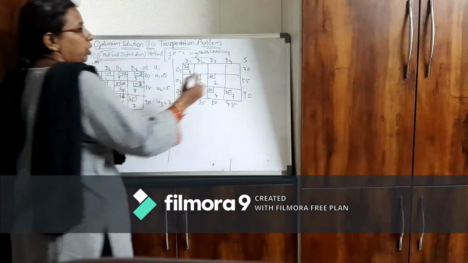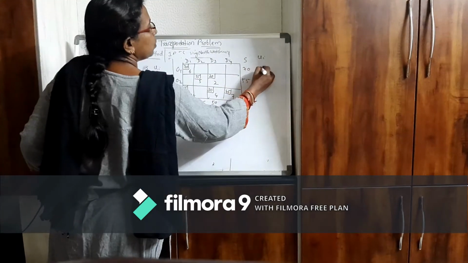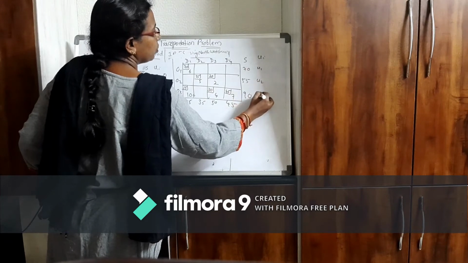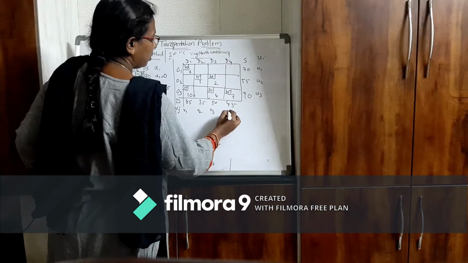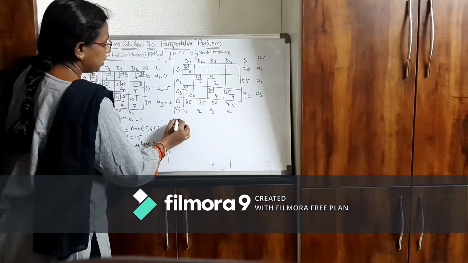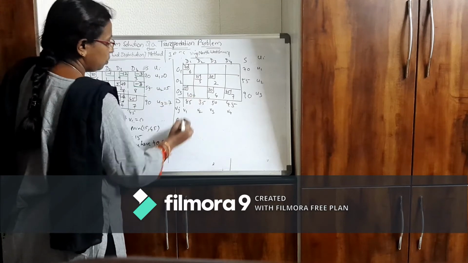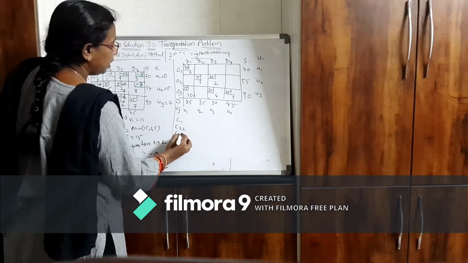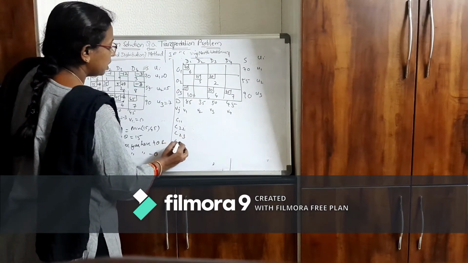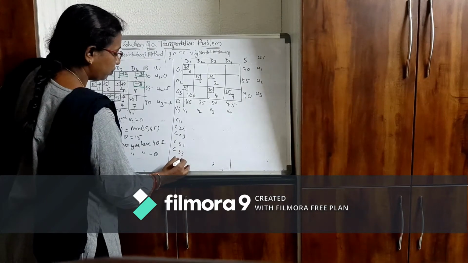Now again compute Uis and Vjs. So this is U1, U2, U3. This is V1, V2, V3, V4. So write the basic cells: C11, then you have C22, C23, C31, C33, C34.